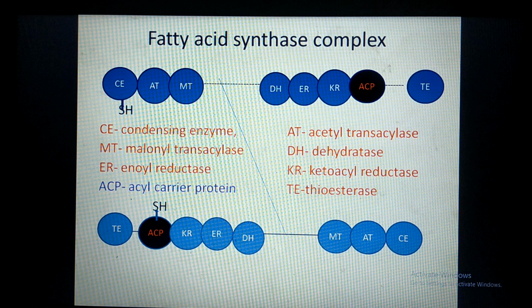The condensing domain of one subunit and the reduction and releasing domain of the other subunit participate in the synthesis of one fatty acid, and in the second case, the reduction and releasing domain of the upper subunit and the condensing domain of the lower subunit synthesize another fatty acid. So two fatty acids are synthesized at a time.